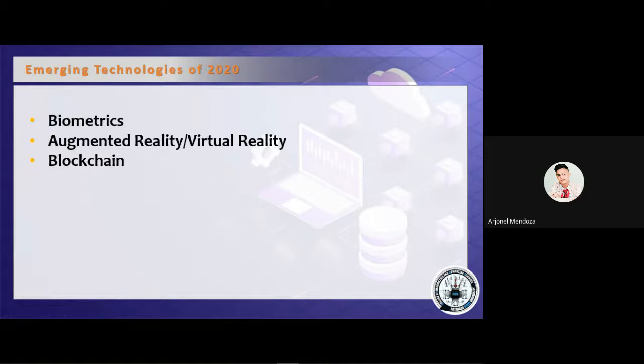Another emerging technologies of 2020: biometrics, yung sa finger, augmented reality, virtual reality. So meron na nito. Ito yung sinusuot na something sa eyes, then merong mga animations na parang totoo. Blockchains or like for the cryptocurrency.